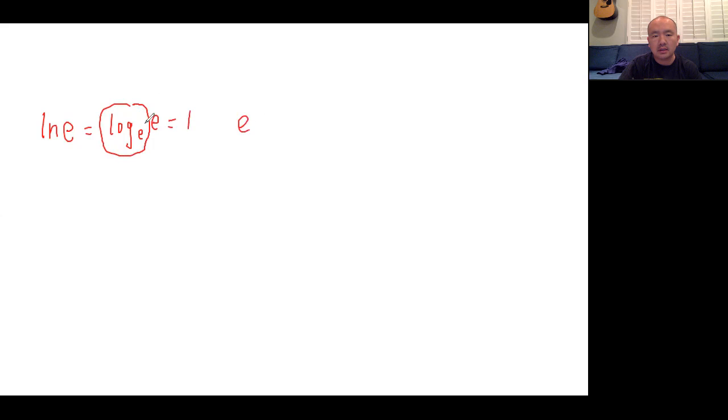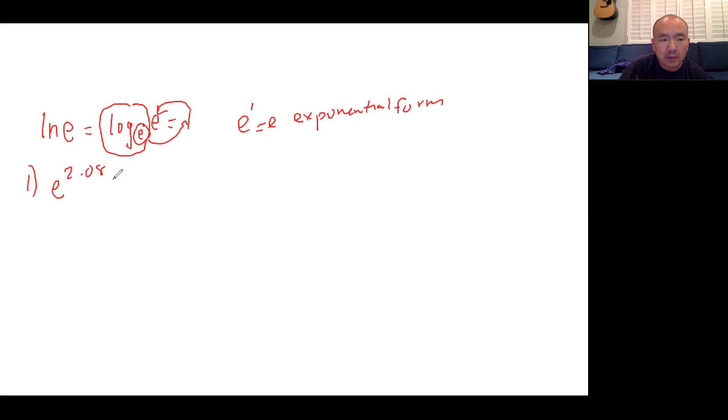Because base e to this power equals this, right? And so this is an exponential form.